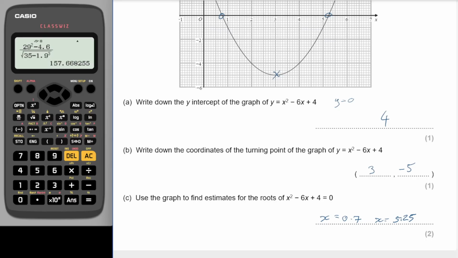And again, the mark scheme says, let me have a look, anything between 5.1 and 5.3, so yeah, we're within there, and anything between 0.7 and 0.9, they do actually say 0.75, I only write 0.7.